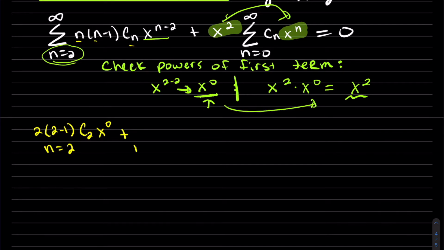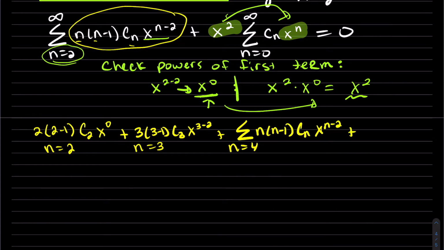Plus my next one will be n equals 3, which is 3 times 3 minus 1, c3, x to 3 minus 2, plus n equals 4, but I'm going to continue the series and just write exactly what we see here.